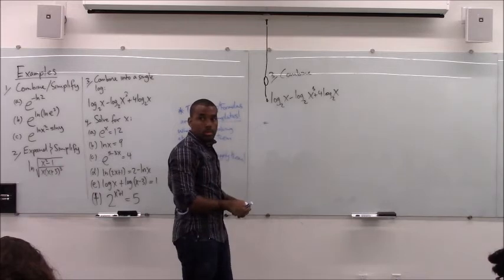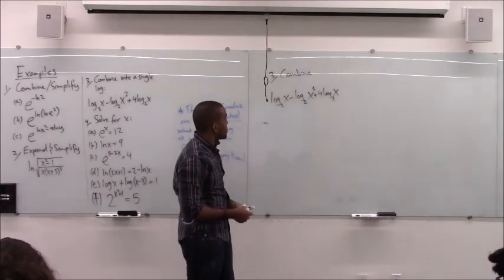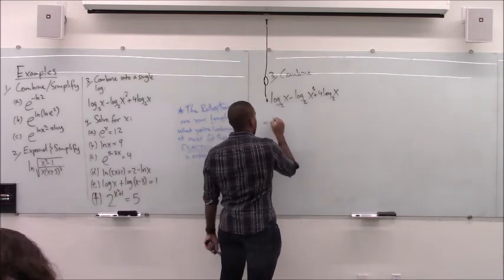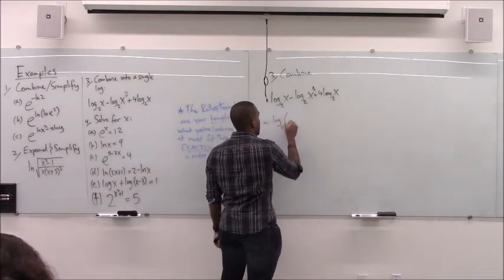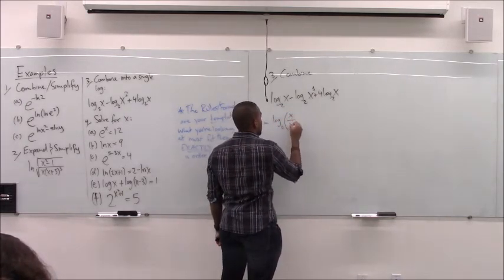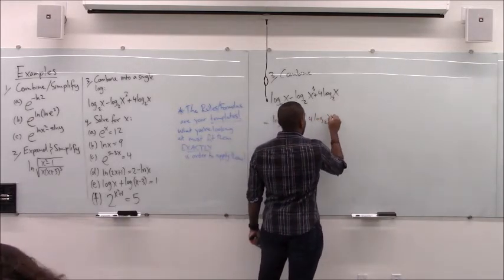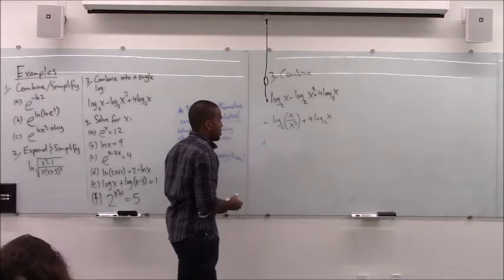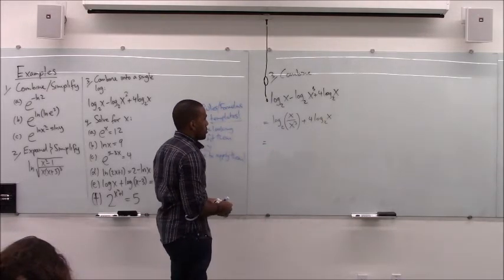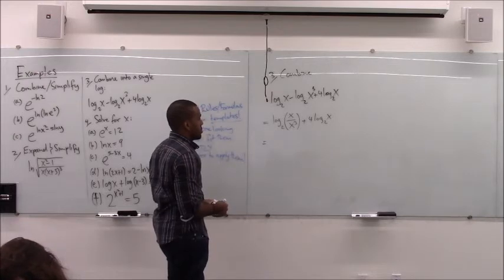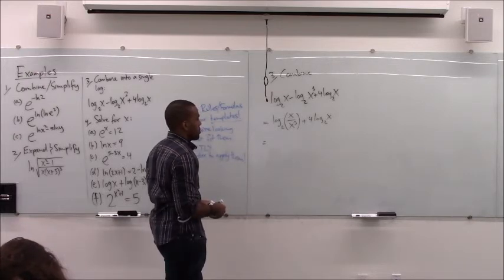Could divide the first two terms. Right, we have log of something minus log of something else. So that's log of the division, x divided by x cubed. And then you can turn the addition sign into multiplication. So you could multiply x over x cubed times x to the 4th.